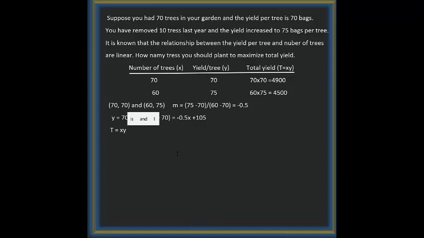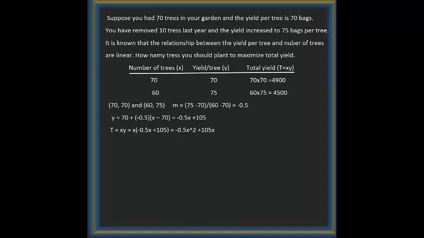So then you put x and then put your y value, which is negative 0.5x plus 105. All right. So that is giving me now negative 0.5x squared plus 105x.